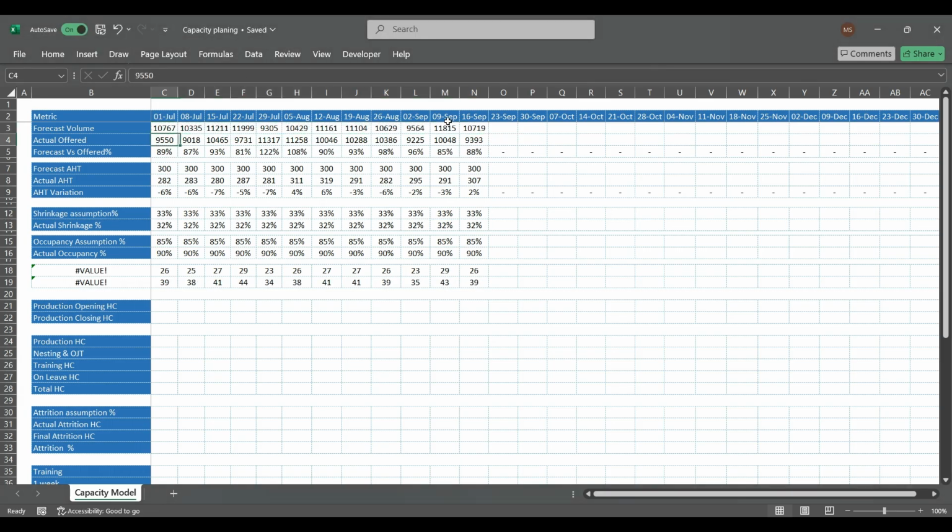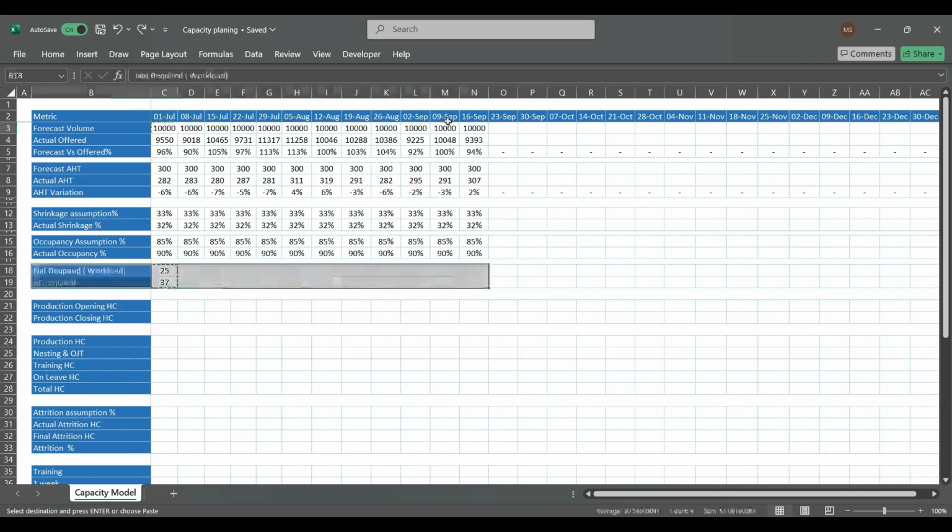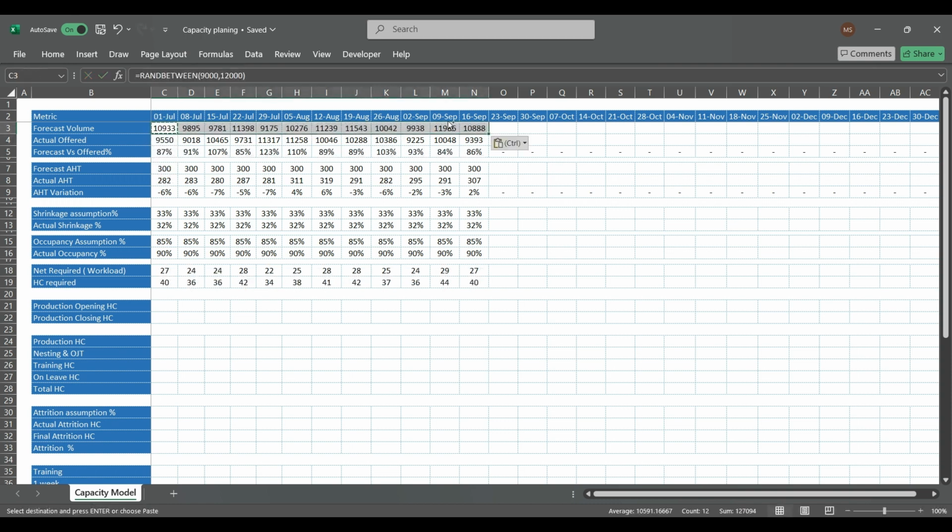Added here because there was some typing error, formula got changed, so I reversed back and added here 12,000, and now you can see the difference. Each and every column headcount requirement is showing different.